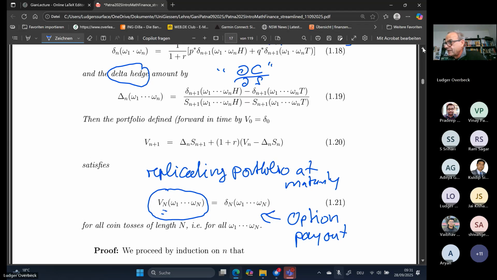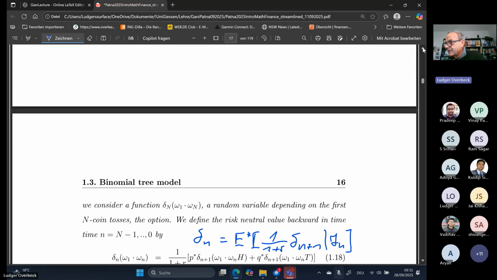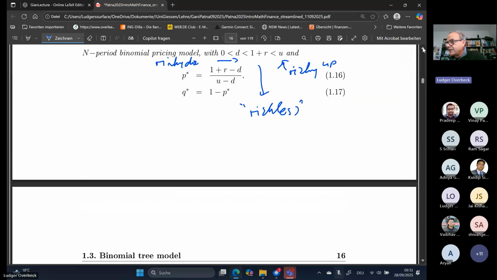You can make it a little bit more complex by saying that at each point in time you have a different D. D depends on small t, R depends on small t, and U depends on small t. But at each time, it must fulfill this condition.